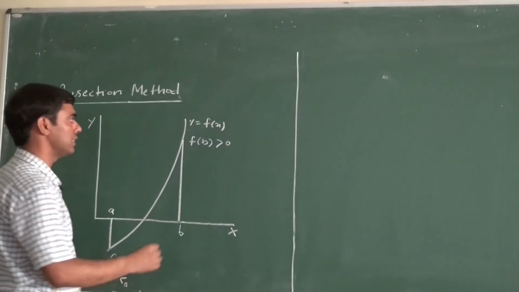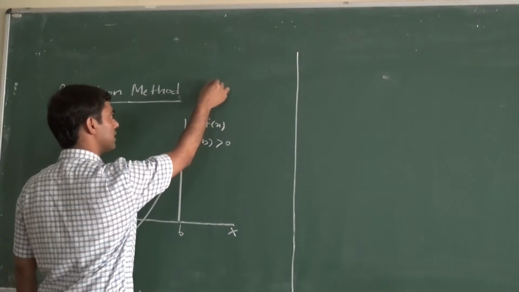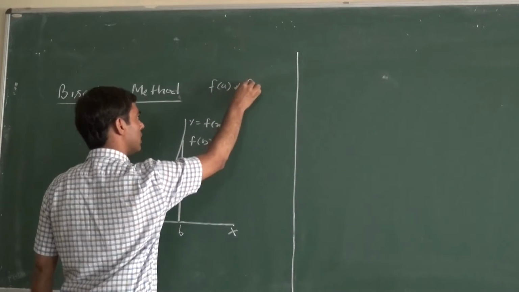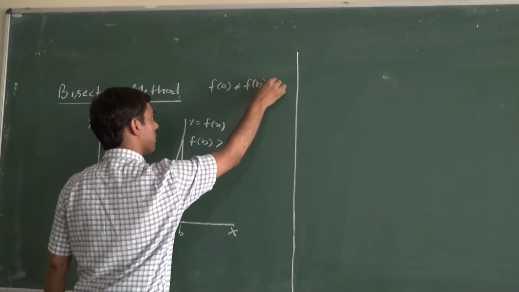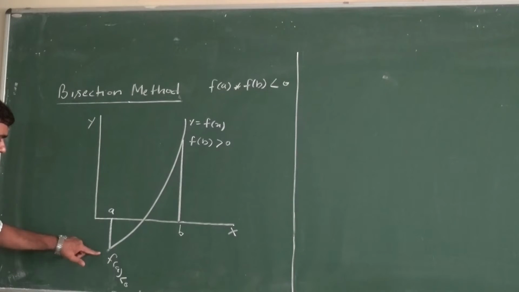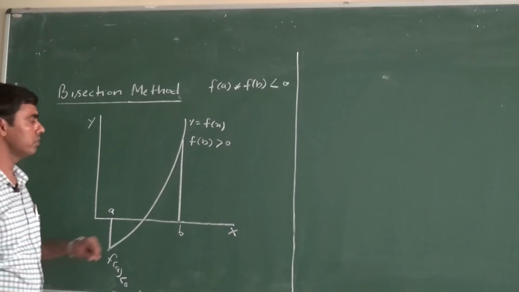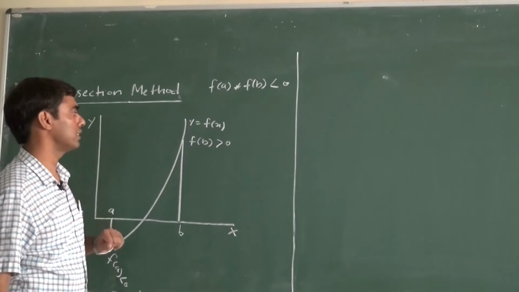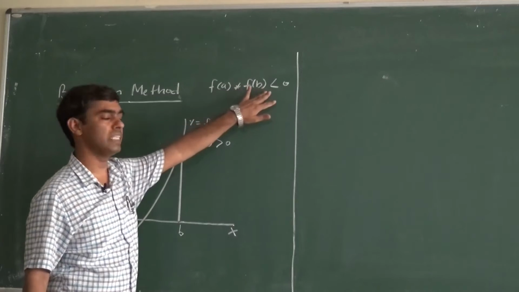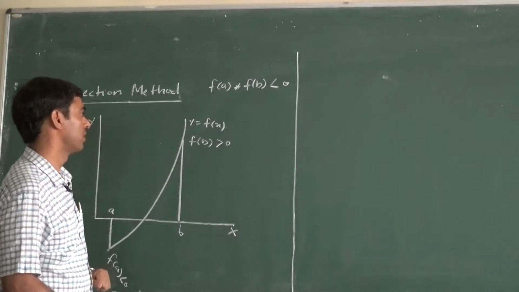What is the necessary condition to apply the bisection method? f(a) times f(b) must be less than 0. If f(a) is less than 0 and f(b) is greater than 0, then obviously f(a) times f(b) is less than 0.